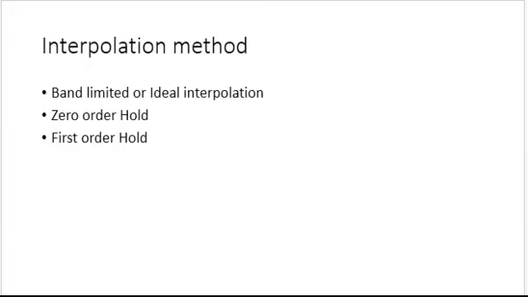There are basically three types of interpolation methods: band limited or ideal interpolation, zero order hold, and first order hold. Based on how the samples are reconstructed, the method is divided into these three ways. In band limited or ideal interpolation, you use ideal filters to construct your signals back to the analog form.